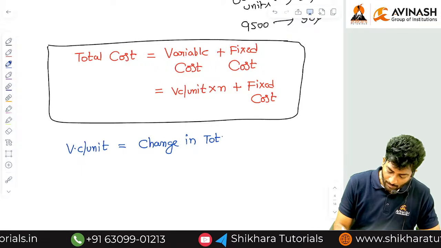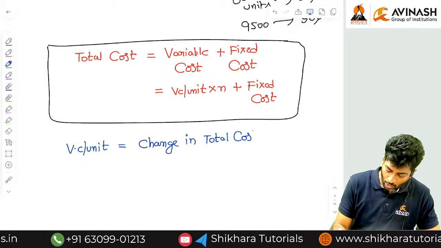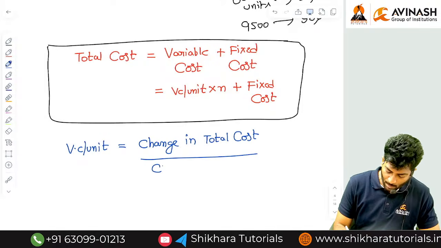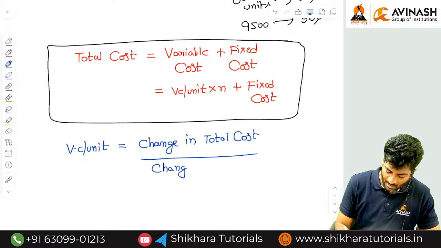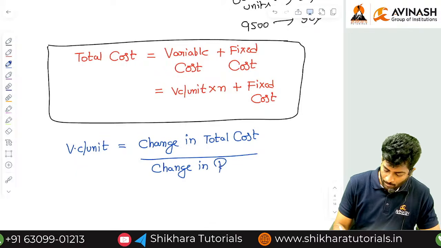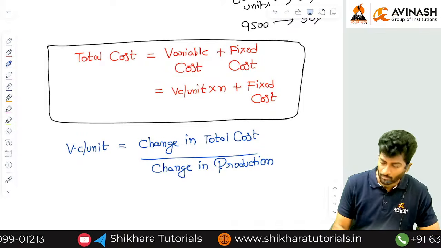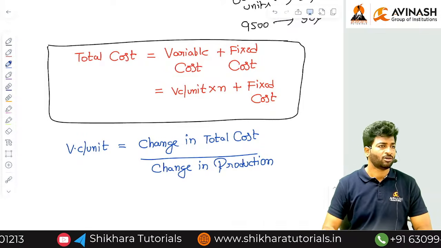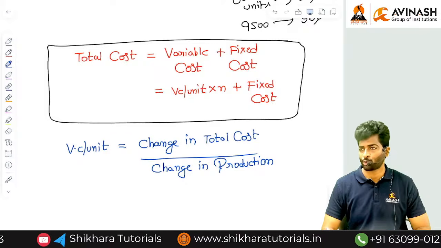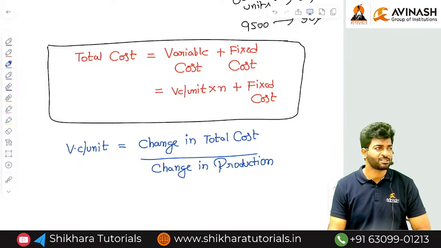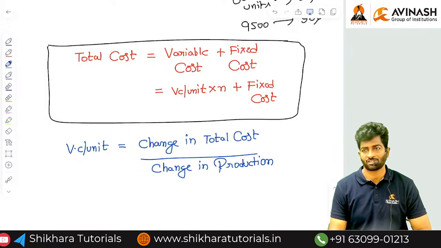Change in total cost divided by change in production. Clear? Or change in output, change in units produced, right? So change in cost divided by change in production or change in output.